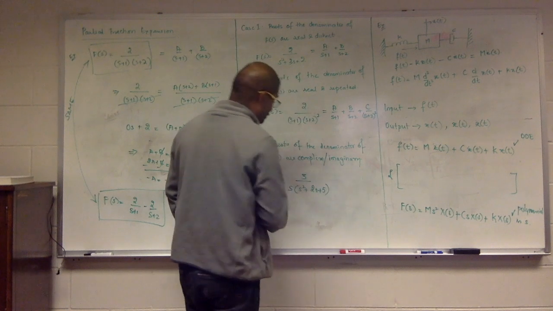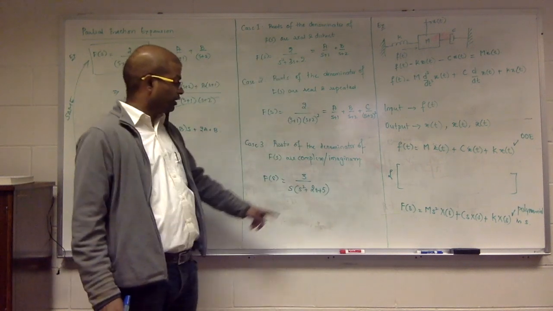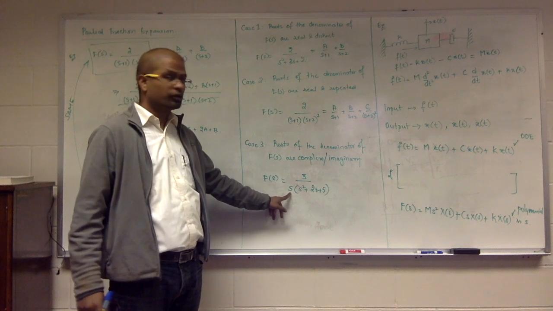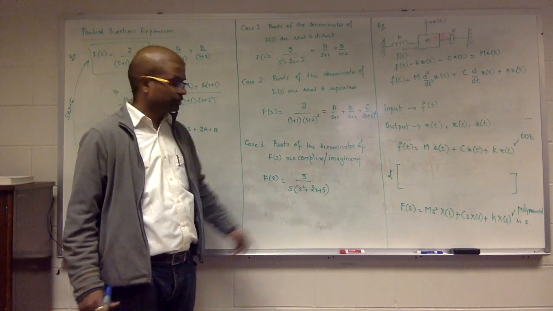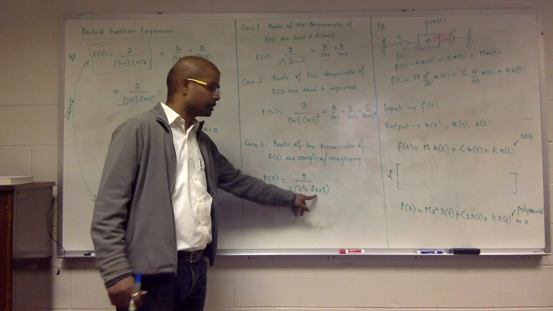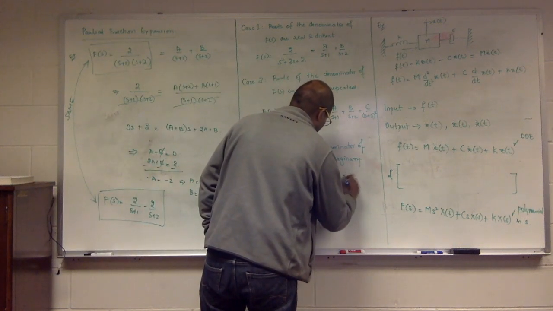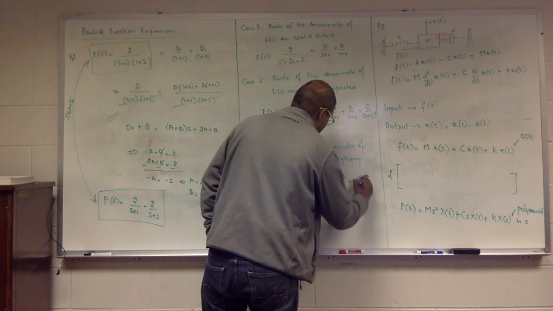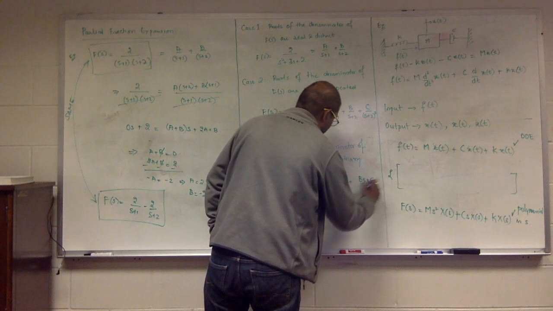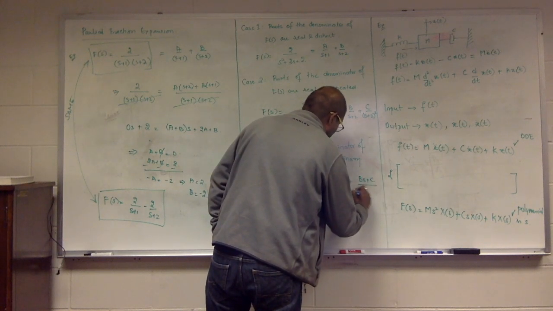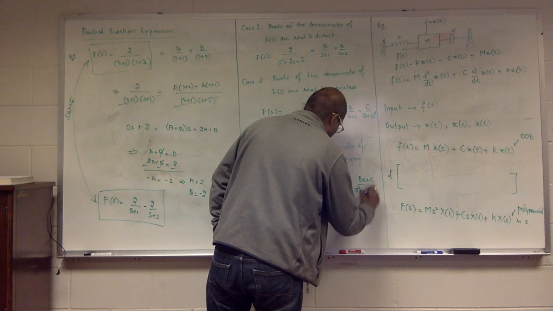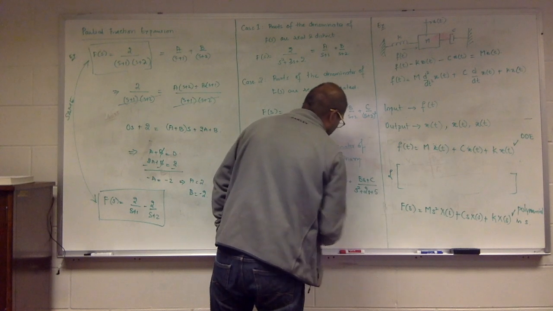So here one of the roots is real, right? This s equal to 0 is real. Alright? The roots of this are complex. So here the way you write it is, you write A over s plus Bs plus C over s squared plus 2s plus 5, because you cannot split it.